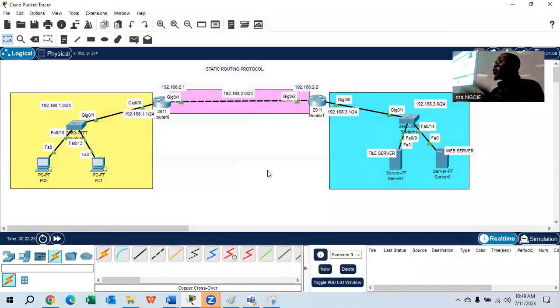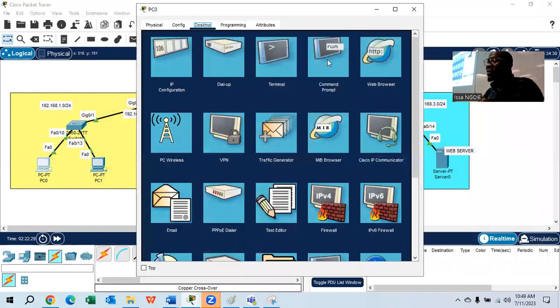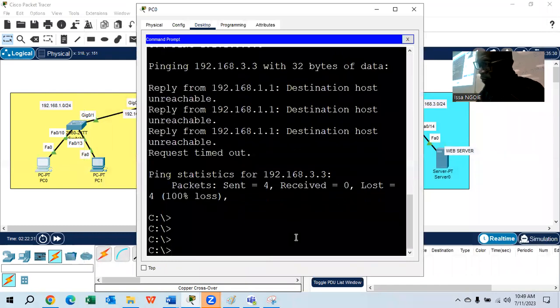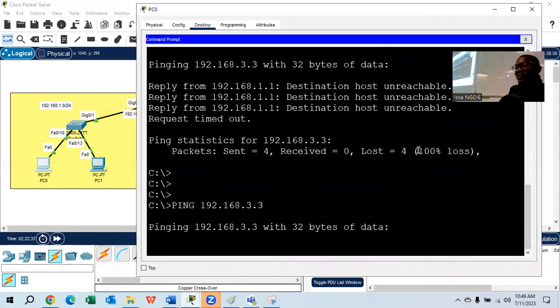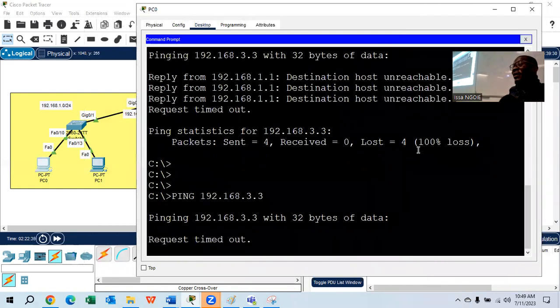We're gonna try to ping again because we are learning step by step. We're gonna try to ping the server again, to see if we can reach the server. You understand? Now the message is changing.